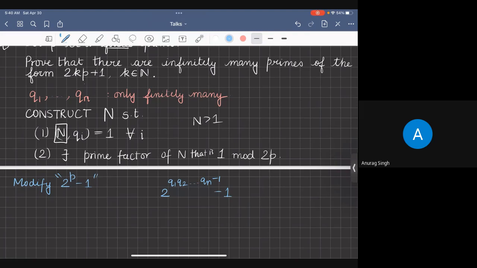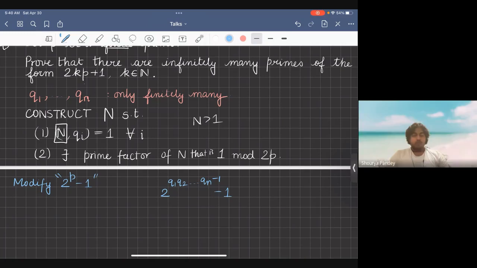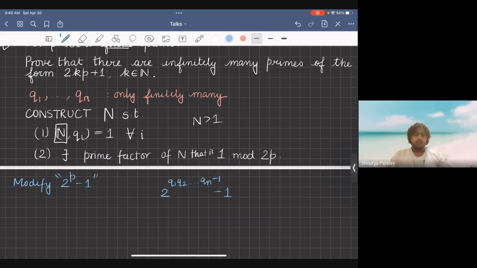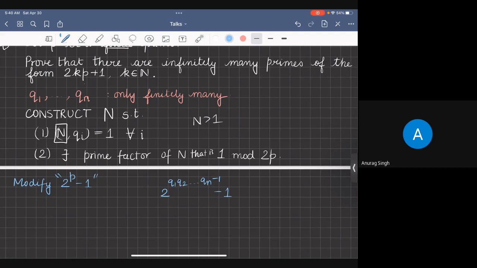Now we need to prove that this is all such q. Sorry, why is this 1 mod 2p? Because q1, q2, qn is congruent to 1 mod, so the power of 2 is congruent to 0 mod 2p, which gives us that it will be congruent to 2 mod 2p.